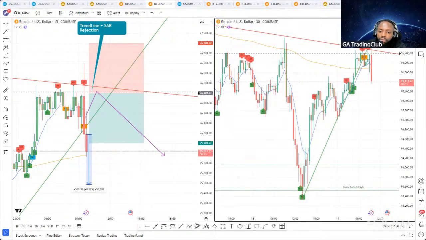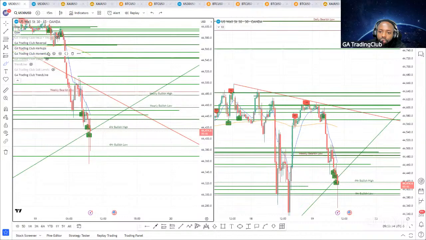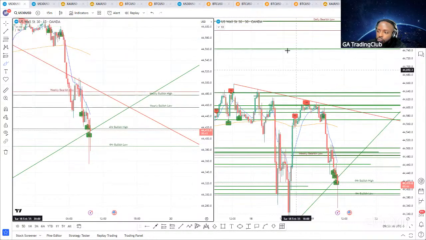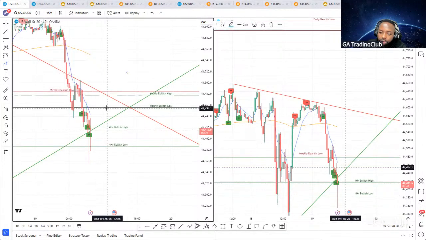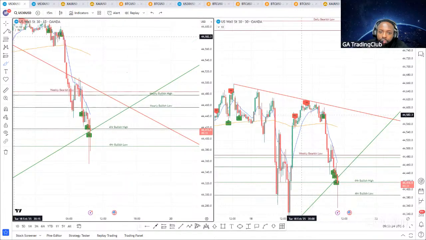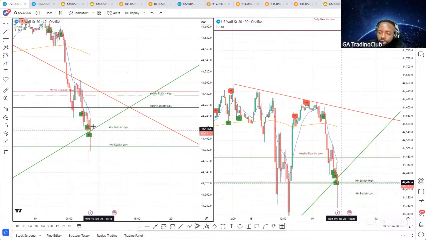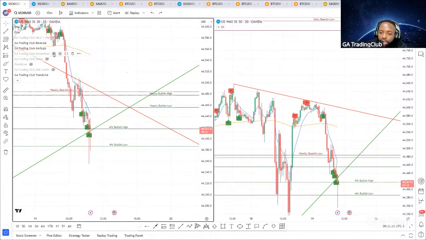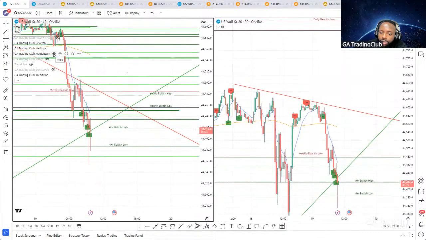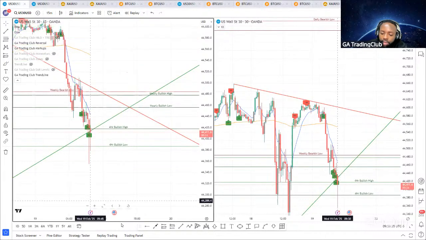Here for US, so US 30 is coming back up. So what I would want to see here, let me take off this one right here so that the screen becomes a little clearer. We already know that we have some SAR levels around here. So if I turn them back on, we need this 15-minute candle to close above here.